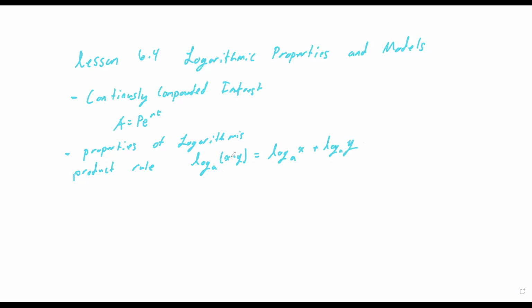So if I'm multiplying two things, I can expand it and make it two different addition problems. This might make it easier to solve, and vice versa. If I want to condense it and I'm adding two logs of like bases, I can make it become one logarithm.